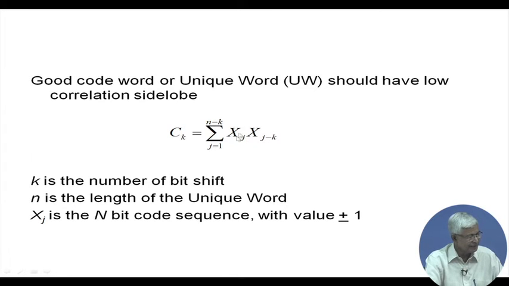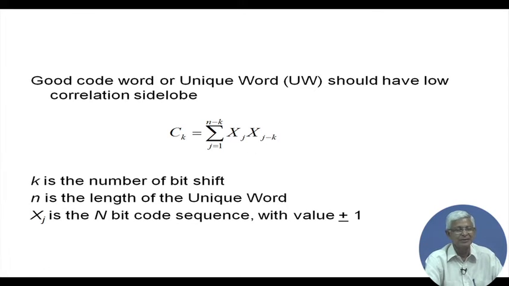The pattern is xj and the shifted pattern is xj minus k, shifted by k bits. K is the number of bit shifts and n is the length of the unique word, and xj can be plus or minus 1. So, the side lobes have to be low if the code word selection, the xj pattern, is of good quality.